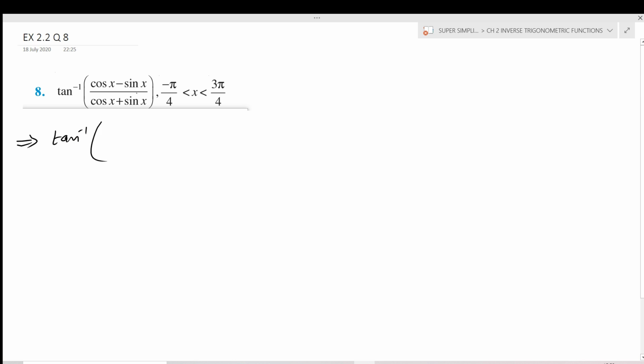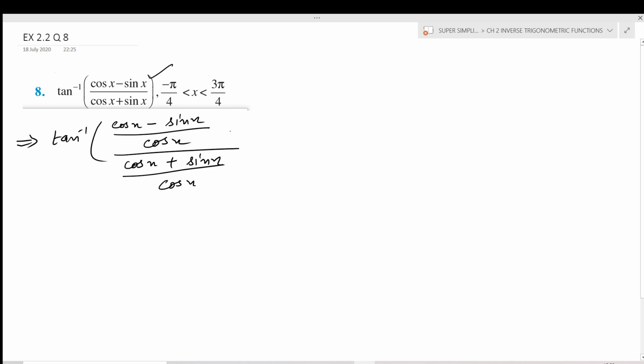So let us divide in this bracket the numerator and denominator by cos x. So the numerator becomes (cos x minus sin x) upon cos x, divided by the denominator, which becomes (cos x plus sin x) upon cos x, which becomes tan inverse.